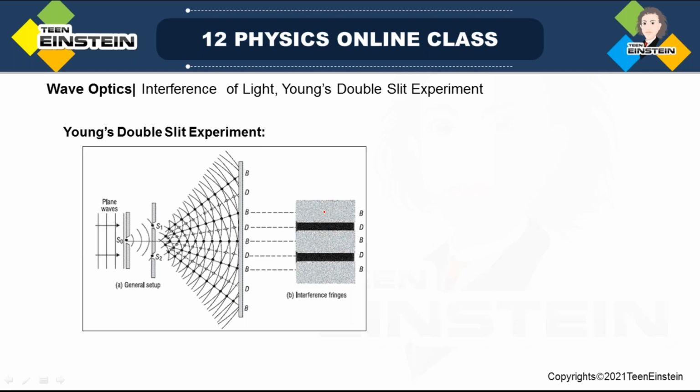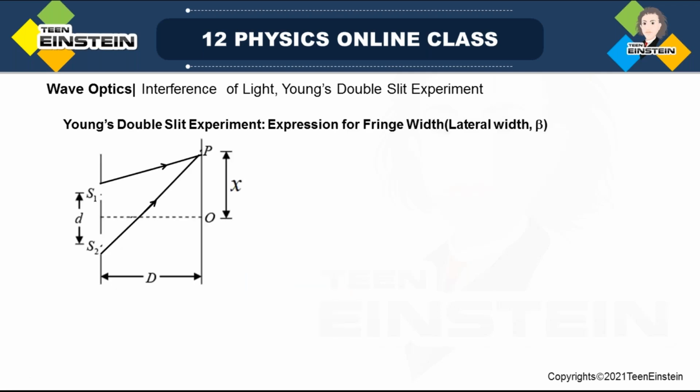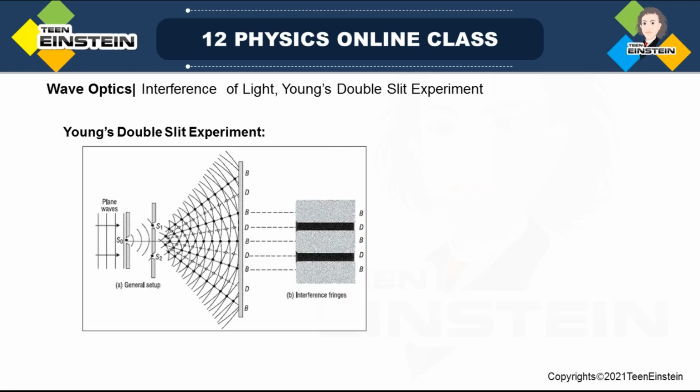Anyway, what we'll do here, we'll develop the theory where you have dark and bright fringes alternately. Then there is something called lateral fringe width. So what is that?